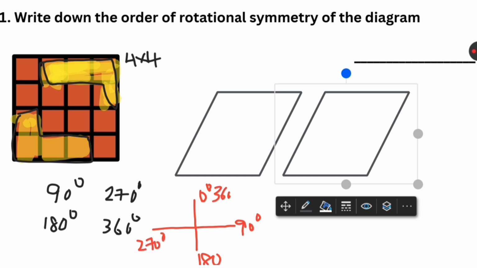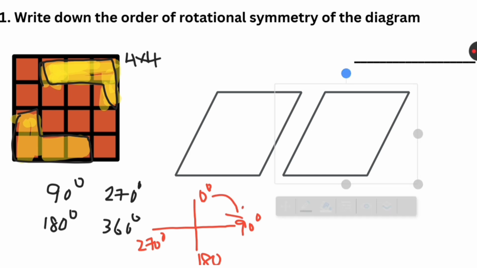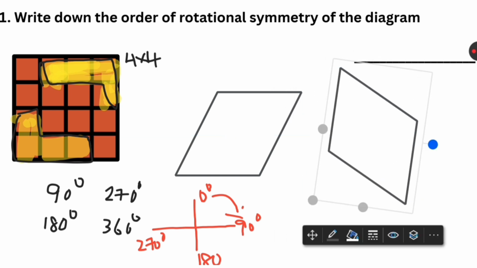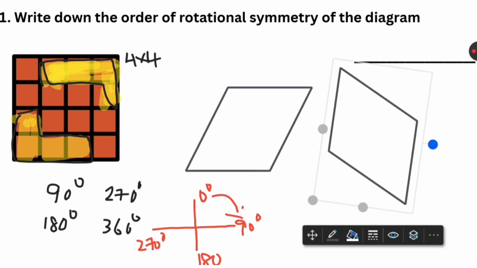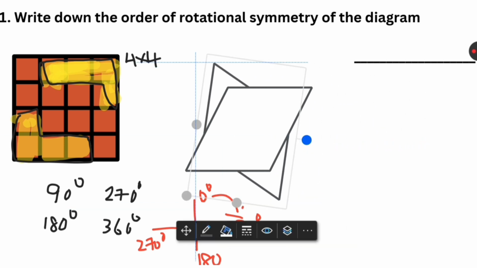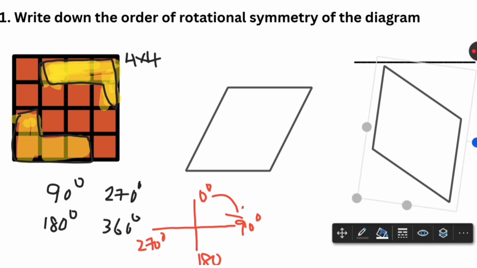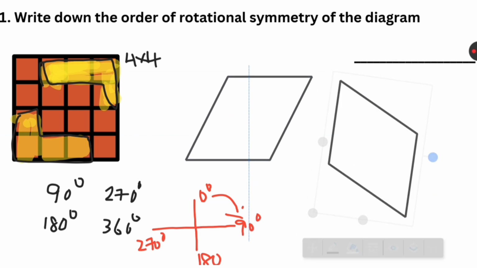Now I am going to rotate 90 degrees, that means 0 to here. If I rotate this shape, does it match the original shape? No. See here, if you bring this one, this shape is not exactly the same. That means after a 90 degrees rotation, this shape does not match the original shape.